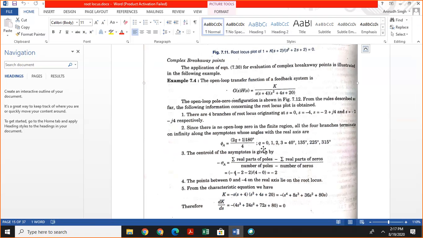Number of poles is 4. Number of zeros is 0. It means 4 minus 1. Last value is 3. 0, 1, 2 and 3.